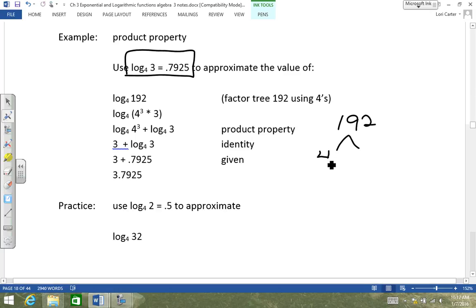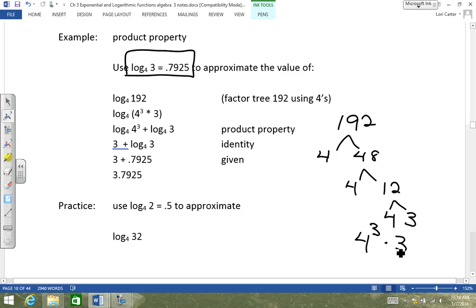How many times does 4 go into 192? 48. Good. Can I put 4 into that again? Yep. 4 and 12. 4 and 3. So 192 is 4 cubed times 3.